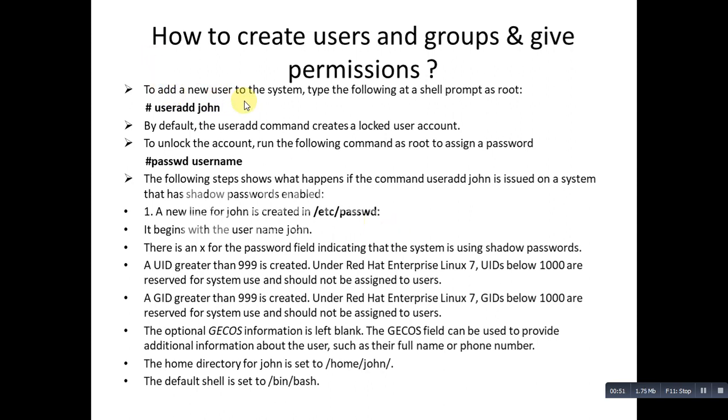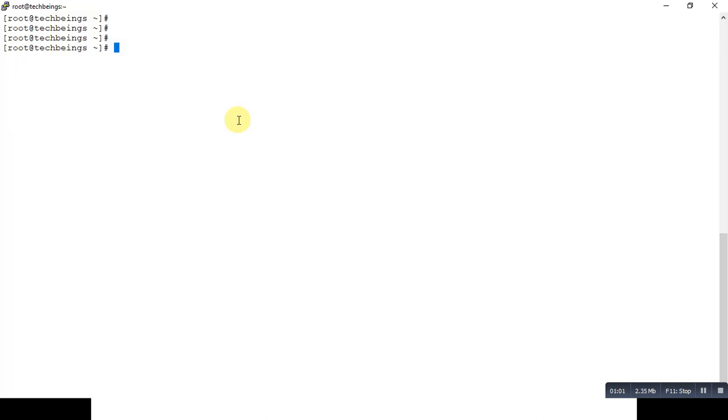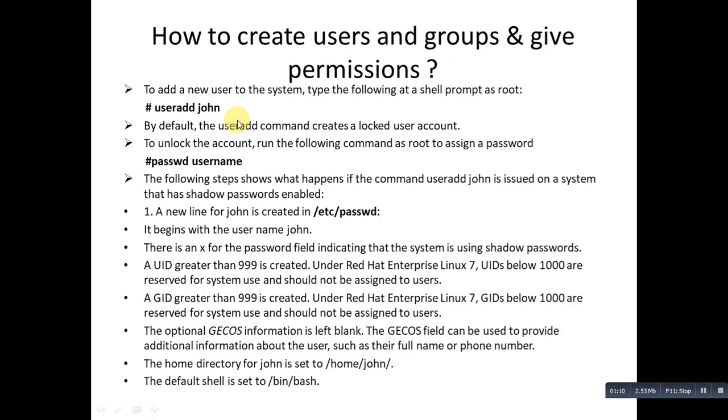So to add a new user to the system, you have to type the following command, that is useradd, any random username. I'll type it as John. Okay, now that the user is created, by default the useradd command creates a locked user account. So in order to unlock that account, run the following command as root to assign a password.